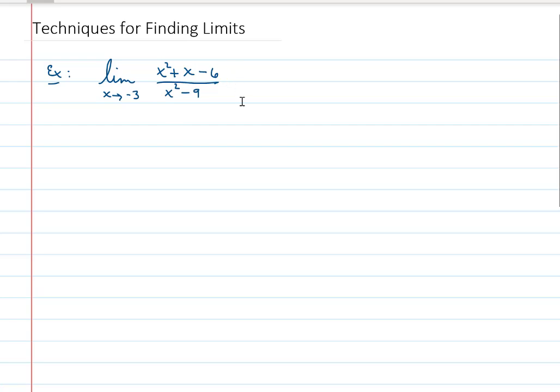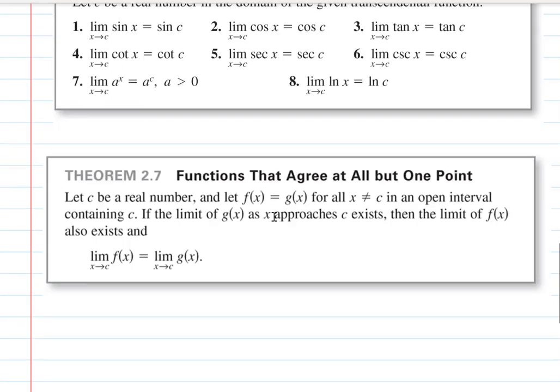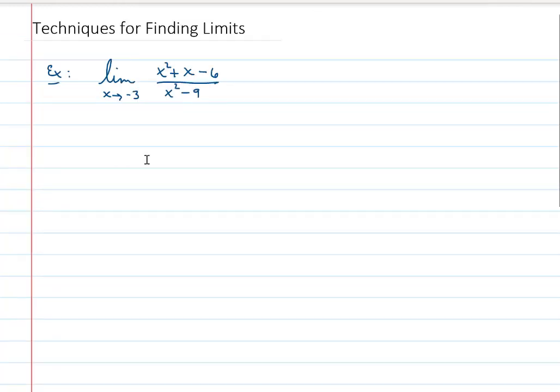Now, that doesn't mean the limit doesn't exist. Remember, the last property said that if we have a function that is identical to the given function, the one we're trying to find the limit of, except at one point, then the limit of the given function is going to be equal to the limit of the other, identical function. We're going to try to do that, and this is what we call the dividing out technique.